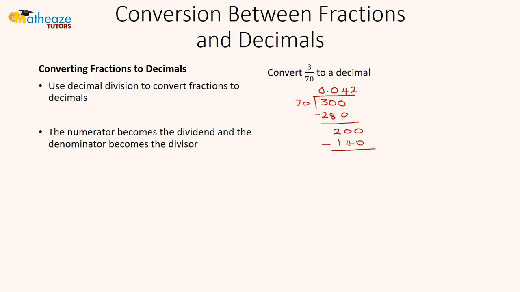We subtract, this is going to give us 60 divided by 70. We can't do it because it's a lower number. 0. 600 divided by 70 is 8. 8 times 70 is 560. Subtract, we have a 40. We can keep going for quite a while here. So I'm just going to say 3 over 70 is approximately equal to 0.428.